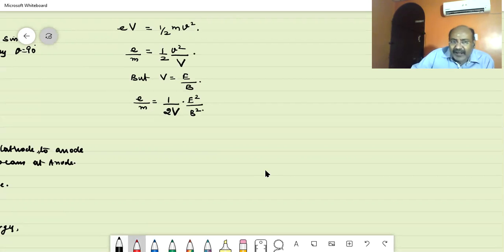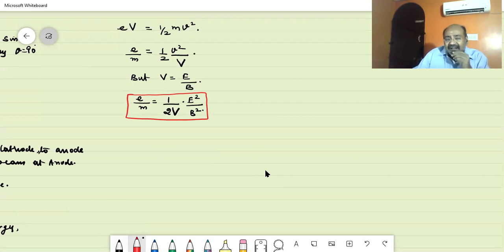So by knowing the values of the potential difference V, the electrical field E, and the magnetic field B, the value of e by m can be calculated.